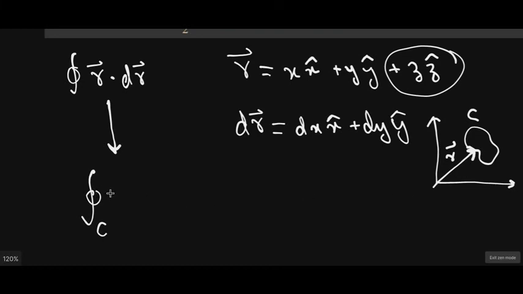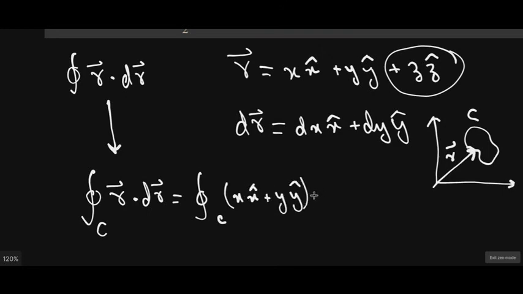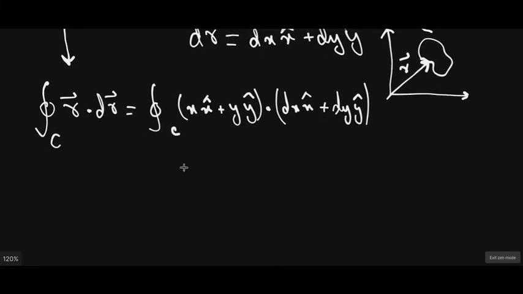Then we have r dot dr, which is equal to the integration on the curve of x in the x direction plus y in the y direction, dotted with a small dx and a small dy. Now this gives us the integration on the closed contour of x dx plus y dy.